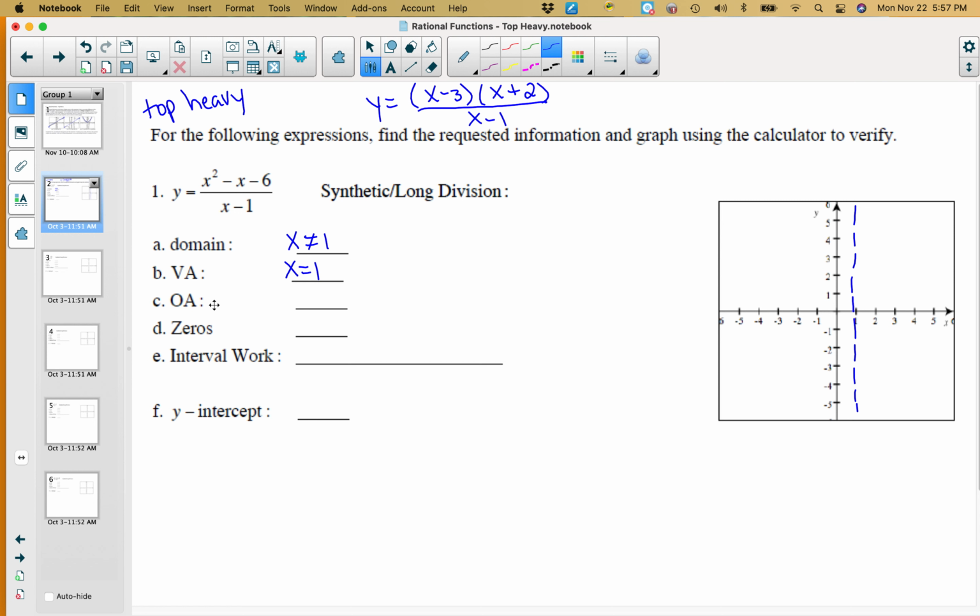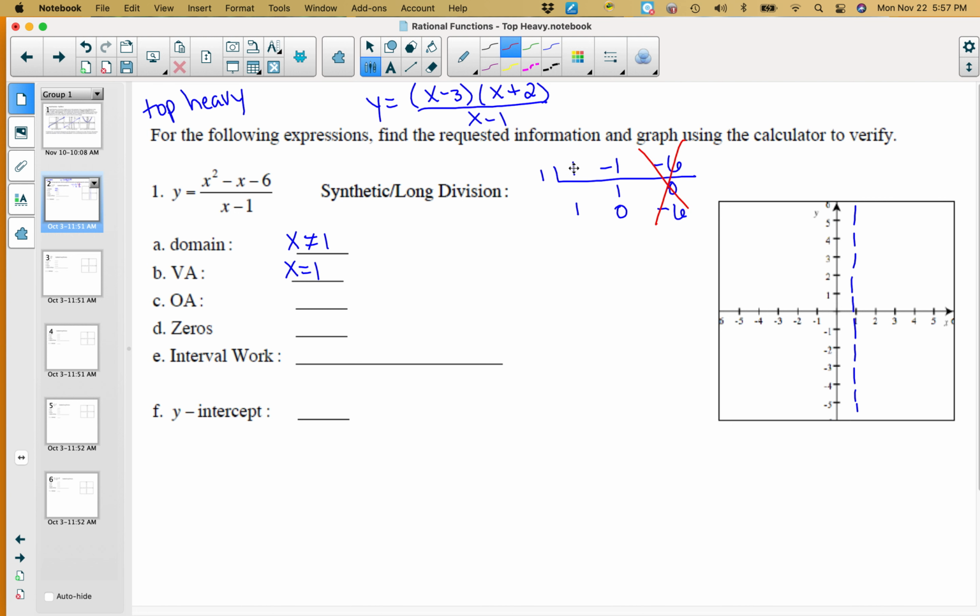Now the oblique asymptote. So you're going to do synthetic division. So we're going to put a 1 out front and a 1, -1, -6. And we don't really care. I mean, you don't even have to go on, but we don't really care about this part, the remainder. We only care about this.